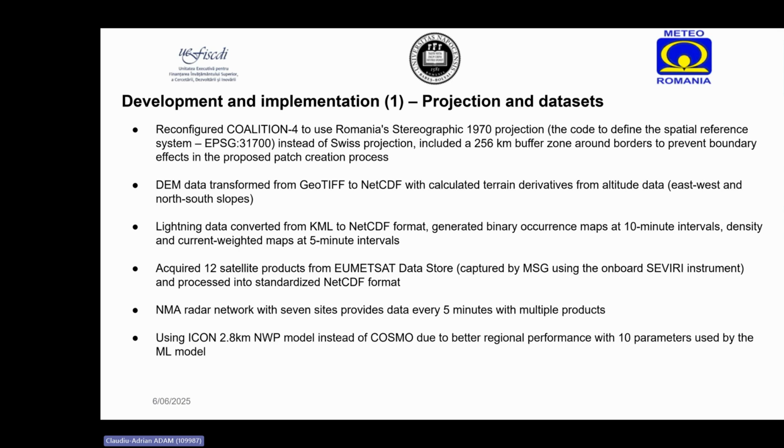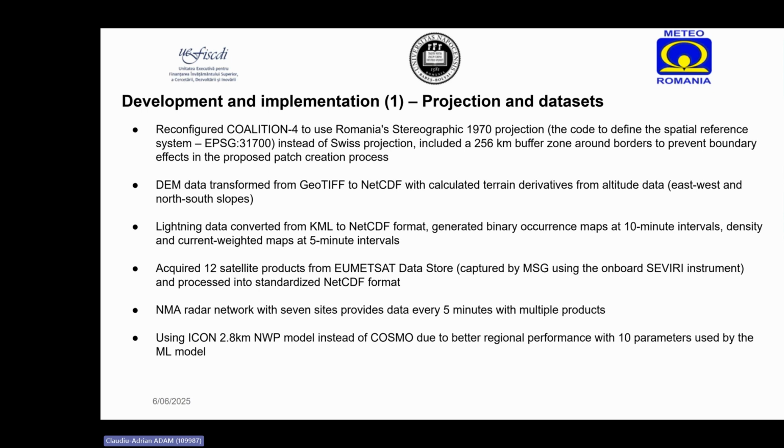Okay, the 12 satellite products were acquired from the MetSat data store, of course, captured by the MSG using the onboard SEVIRI instrument and processed into standardized NetCDF format. For the radar data, with the 7 sites, we gathered the data, as I've said, at 5-minute intervals for all the products.